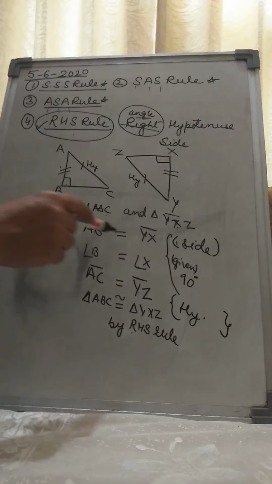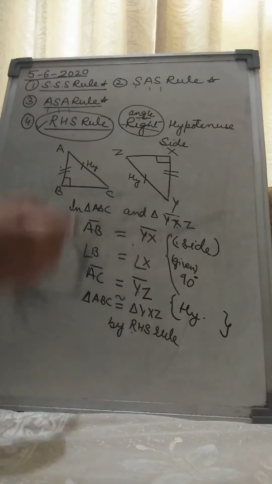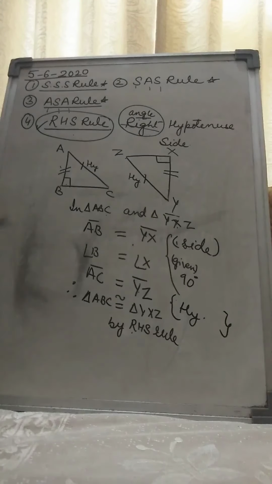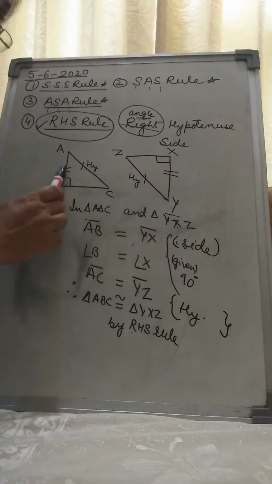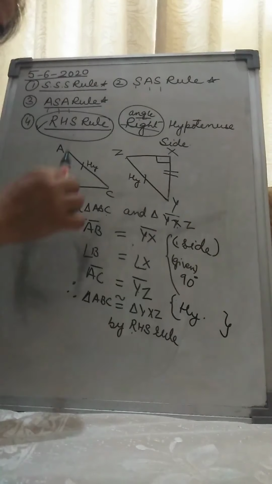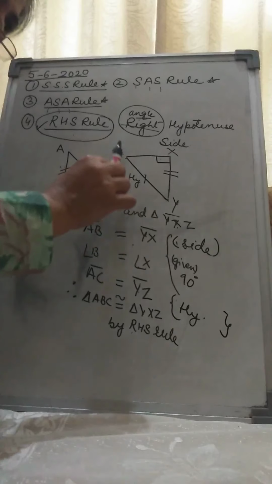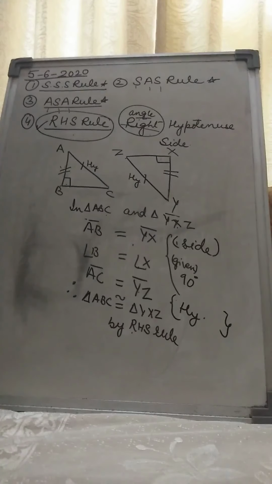And in this manner you are going to write the corresponding parts. Corresponding means which part matches AB, which part matches angle X, which two angles match the 90 degree, then which side you are going to label as hypotenuse. In this manner you are going to write about the rules of the congruency and see where the rule is applicable or not.